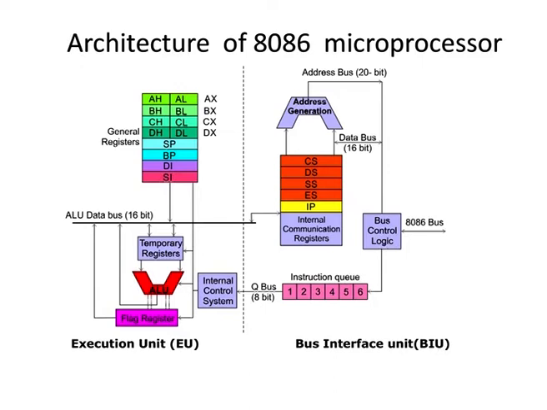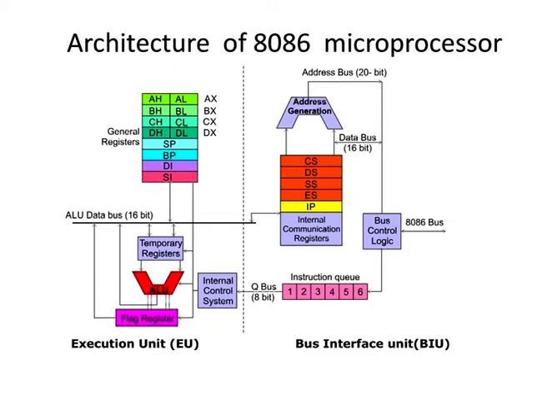Then this bus interface unit includes 4 segment registers, namely the code segment, that is CS, the data segment, that is DS, the stack segment, that is SS, and the extra segment, that is ES. It also has the bus control logic and a 6 byte queue.